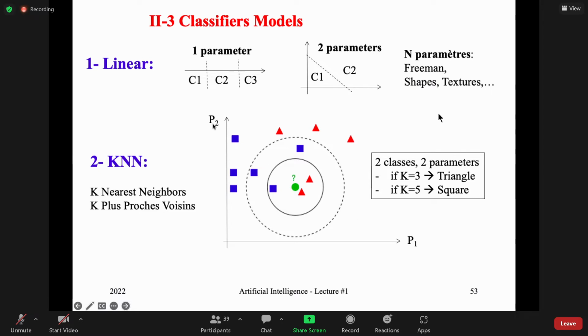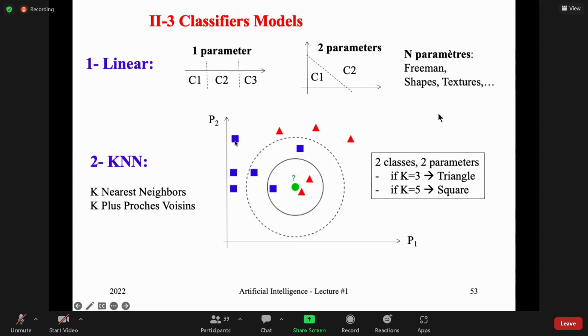P2, for example, could be the rectangularity, and P1 could be, for example, the circularity. And what do we do? In fact, we have learned, so it should be, for example, not exactly what we obtain. The problem is, if we want to separate the space here, it's difficult.